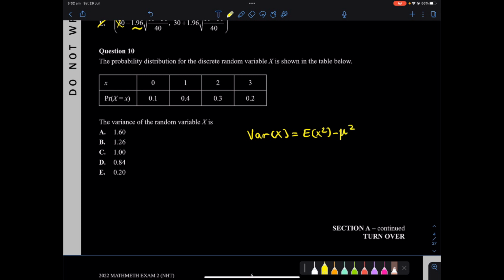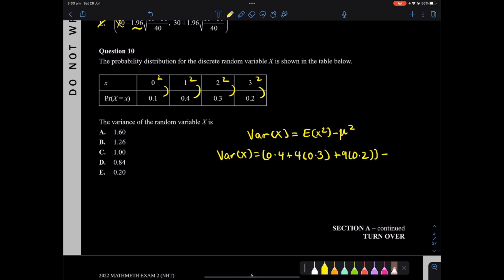So we're squaring everything here and multiplying it by these probabilities. 0 squared is nothing, 1 squared is just 0.4, so it'll be 0.4, plus 2 squared, 4, times 0.3, plus 9 times 0.2.